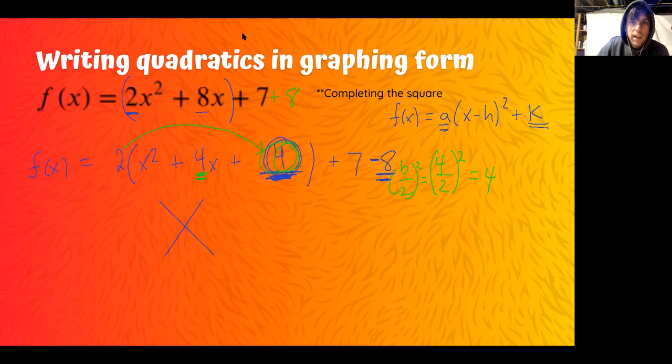So this quadratic on the inside, remember I'm looking for 2 numbers that multiply to 4 and add to 4: 2 and 2. So that tells me that this quadratic factors as x plus 2 times x plus 2, or x plus 2 squared. That's what we're looking for right there. And then I need to put these together, plus 7 minus 8, minus 1.